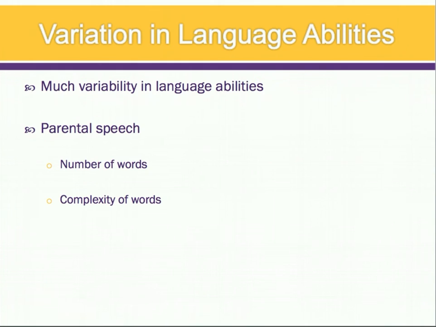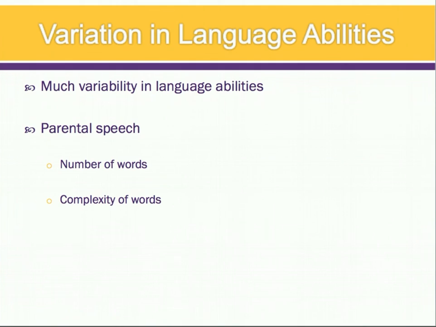Now, there's a lot of variability in how well children use language and how many words they have. For 22 to 27-month-old infants, vocabulary can vary from 75 words to more than 500. That is a huge, huge variability.